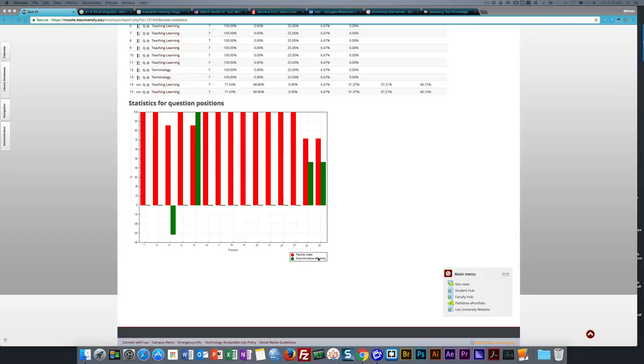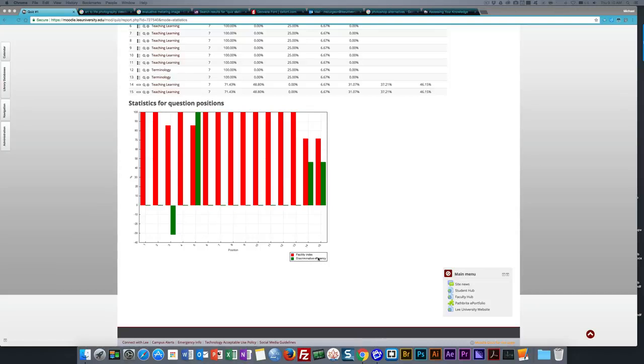So you want your test to be equal in the sense that it's covering the content and testing them on the content across the board where they should be. So that's why it compares question to question. It's also comparing the results.